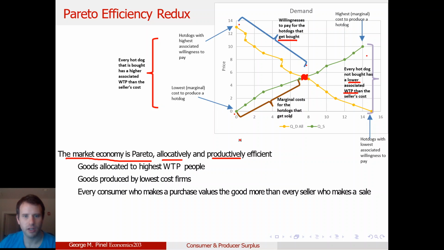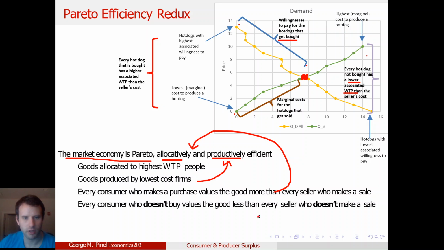Okay. So productively efficient, goods are produced by the lowest cost firm. Allocatively efficient, one more. These both go into allocatively efficient. Okay, you're only consuming goods that provide general value, goods that have a higher willingness to pay than the cost associated with them, or a lower cost than the willingness to pay associated with them.